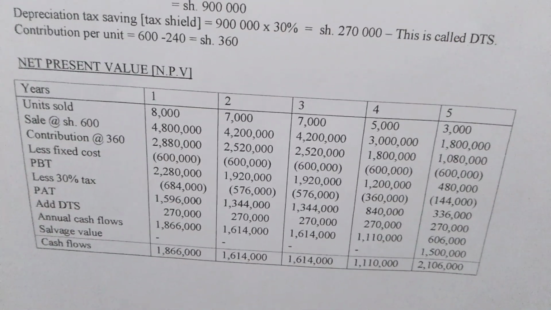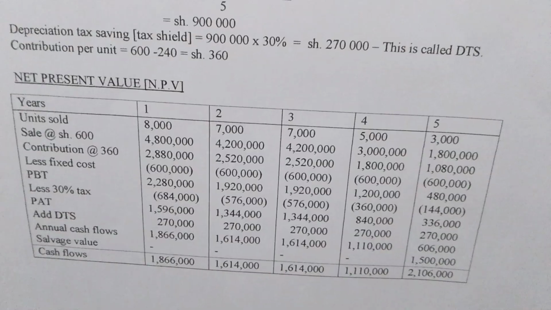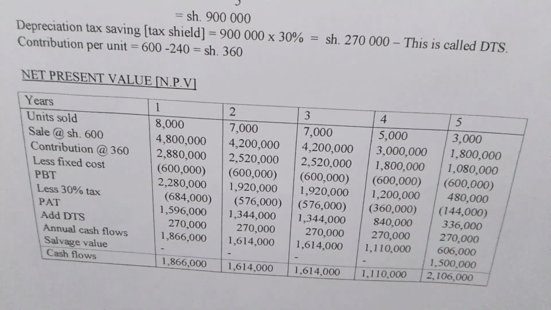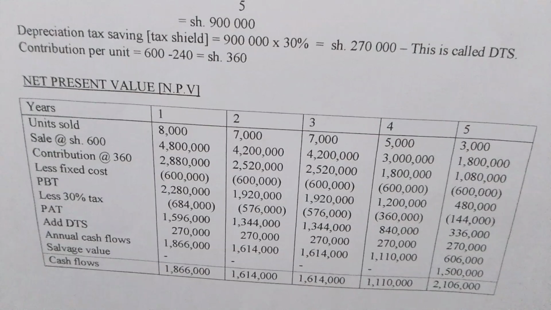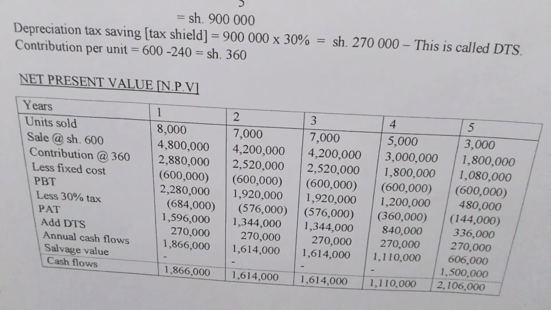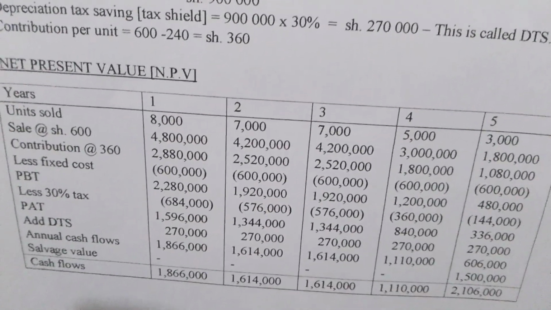But as far as this is concerned, we just need to understand that once you get the profit after tax, we add back DTS, the depreciable tax shield, which is gotten by multiplying the depreciation times the tax. Once you add back that, what you get is the annual cash flows.